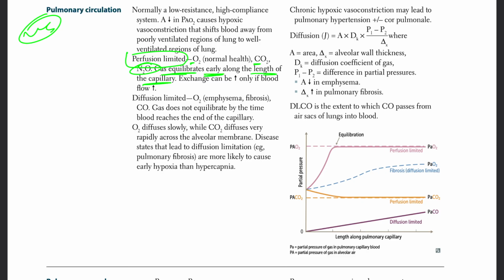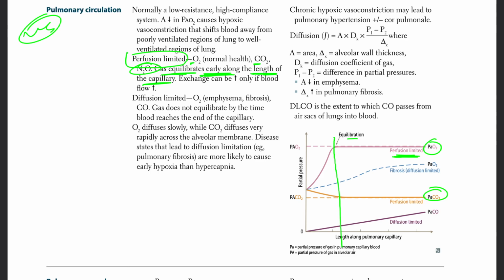If you look at this image on the right side, looking at your perfusion limitation, look at your PaO2 and PCO2 right away. They will equilibrate early along the length of the capillary.